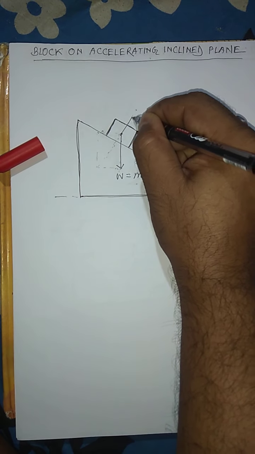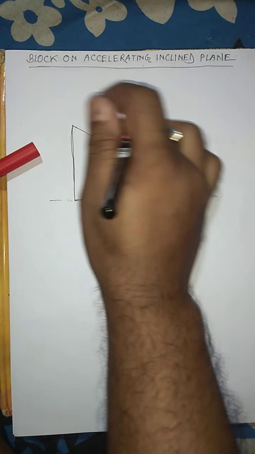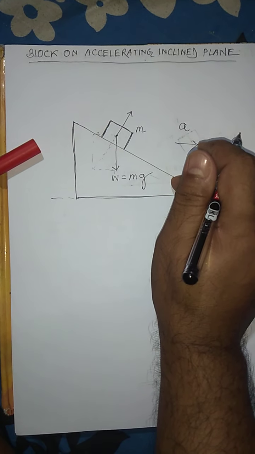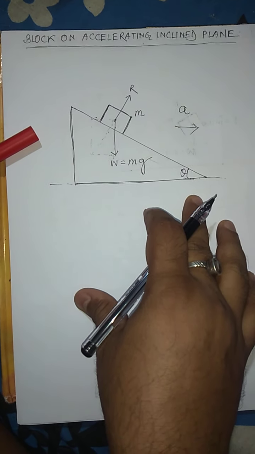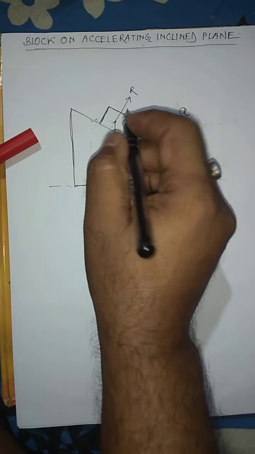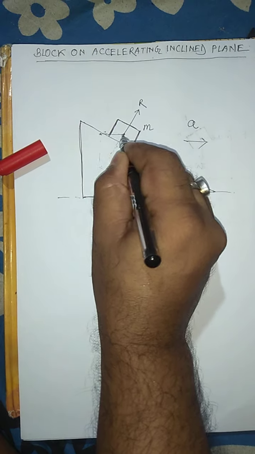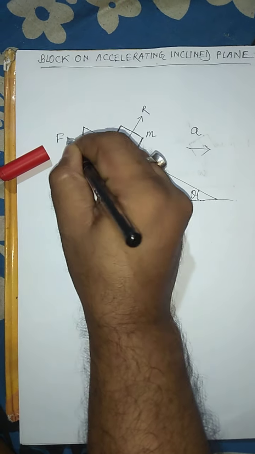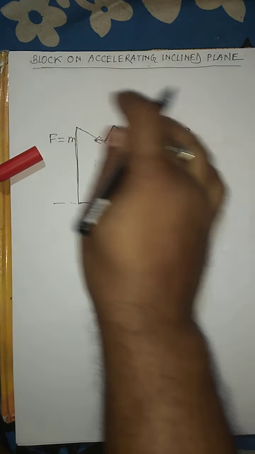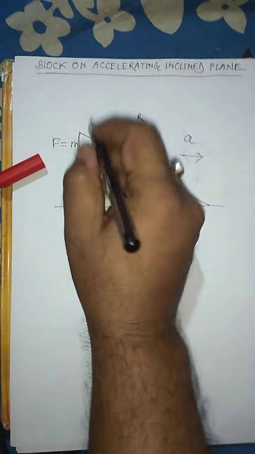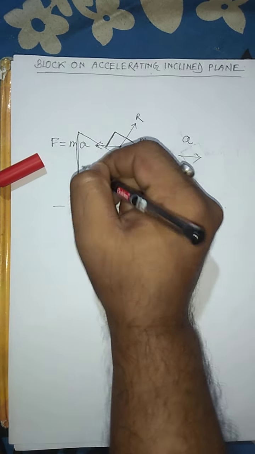The normal force is exerted on the block by the surface of the inclined plane, and let it be R. The pseudo force experienced by this block has magnitude F equal to the mass of the block multiplied by the acceleration A of this non-inertial frame of reference, the inclined plane.